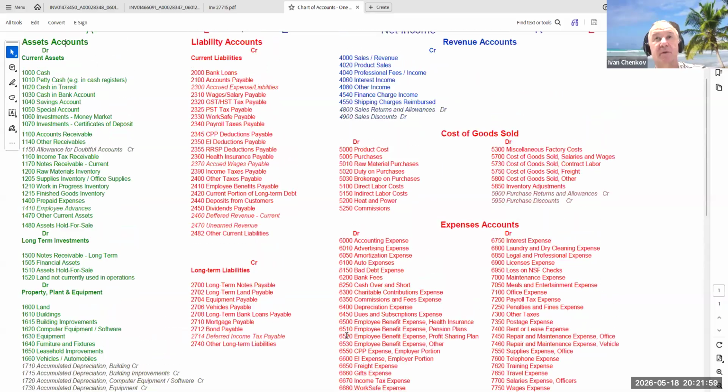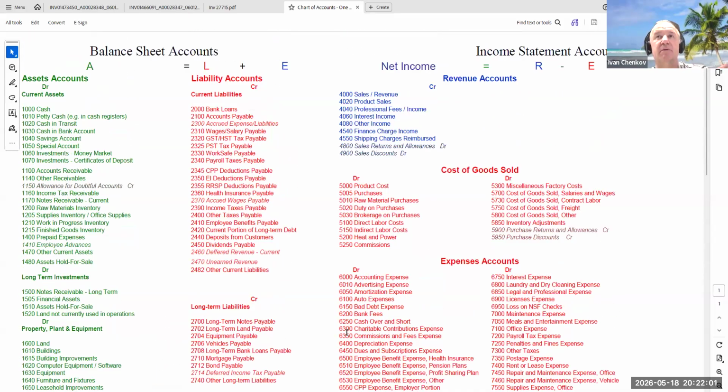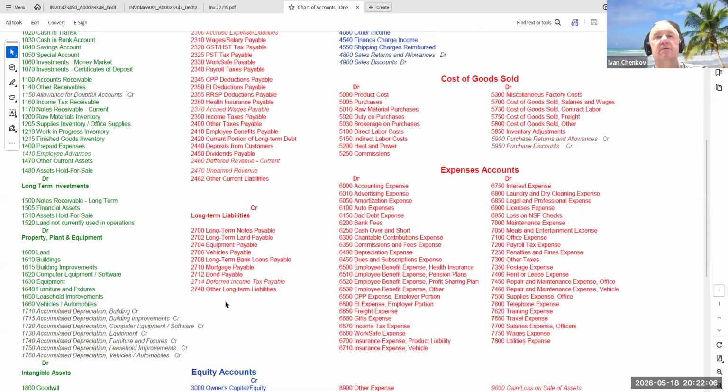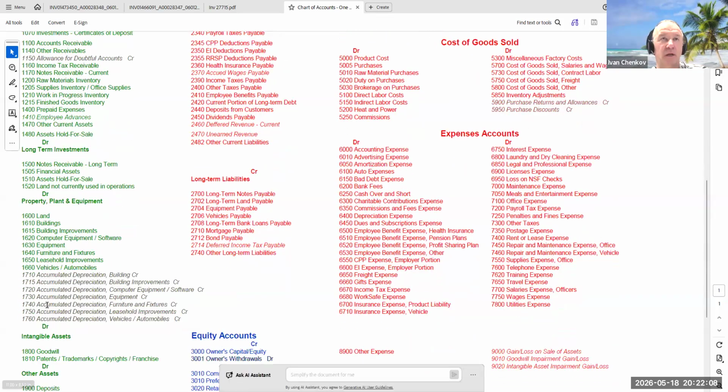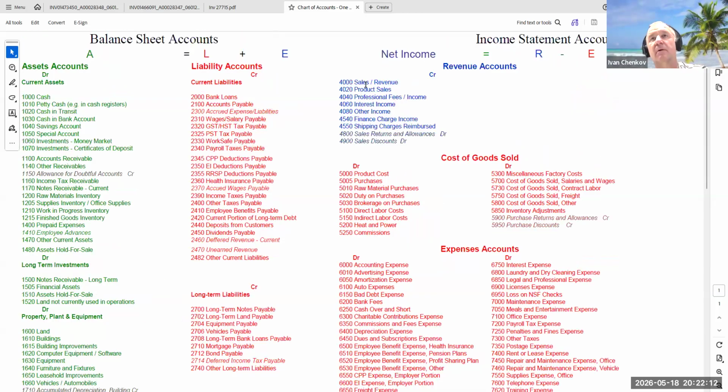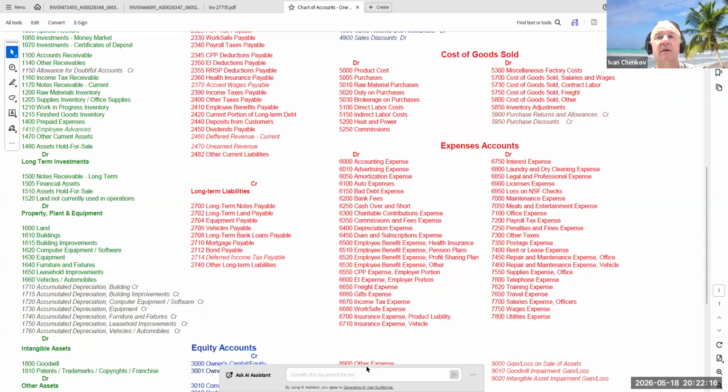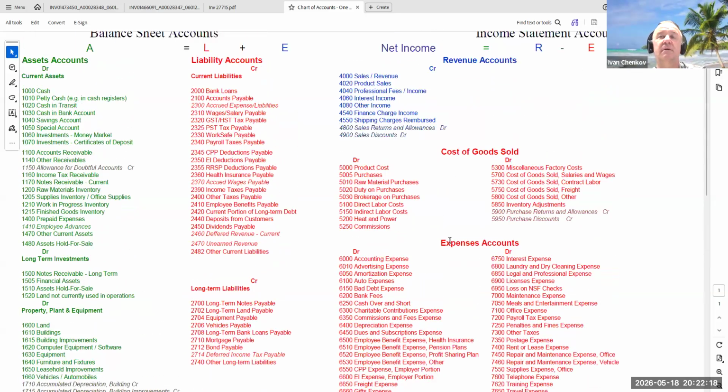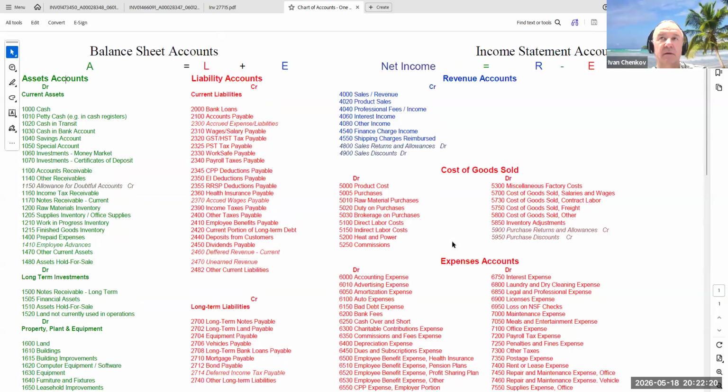But again, from here, you can see the most important things. These are the asset accounts, liability accounts, equity accounts: 1, 2, 3. 4 is for revenue, 5, 6, 7, 8 for the expenses.